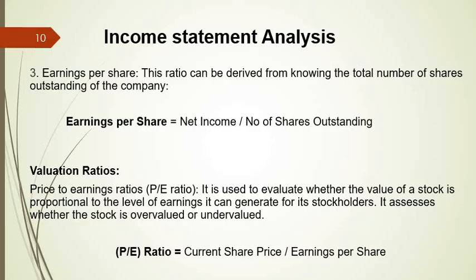So these are a few small examples of how the components of the income statement are very helpful in analyzing and identifying facts about the organization, and based on these facts and figures we can make decisions.